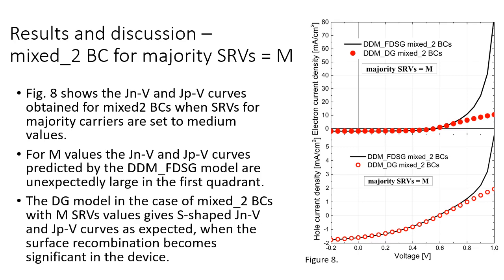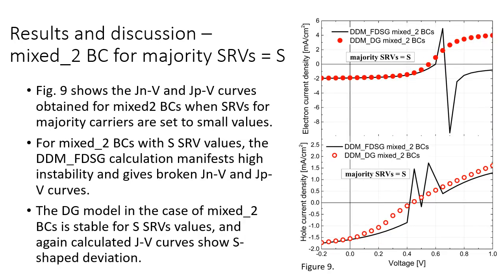Similarly, in the lower graph, the hole current density Jp curves are shown for both models with mixed 2 boundary conditions. For M values, JNV and JPV curves predicted by the DDM FDSG model are unexpectedly large in the first quadrant. The DG model, in the case of mixed 2 boundary condition with M SRV values, gives S-shaped JNV and JPV curves as expected when the surface recombination becomes significant in the device.